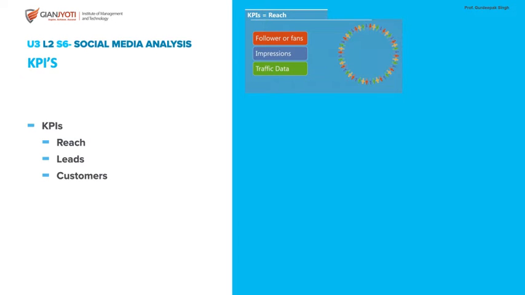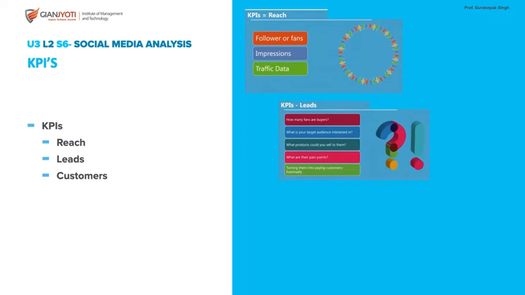So when we talk about the KPIs, we talked about reach, leads, and customers. These are the three focus areas for your KPIs. First thing is for the reach, you keep a tab on followers or fans, then impressions, and the traffic data. When we talk about the leads, how many of your fans have become the buyers?